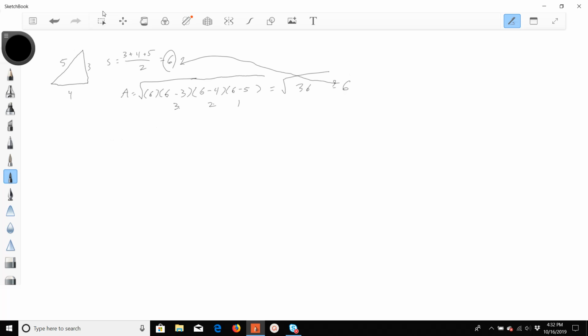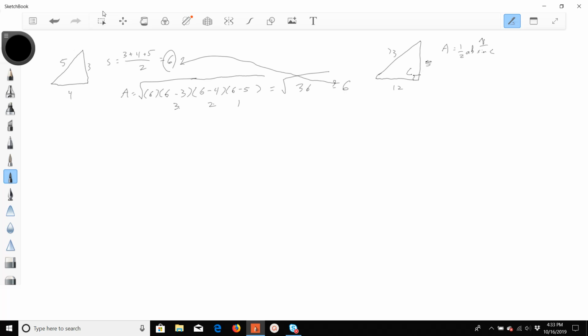I wonder if that works for a 5, 12, 13. Well, okay, area is 1/2 a b sine C. This is a right angle, so I'm going to let this be C because sine of C is 1.